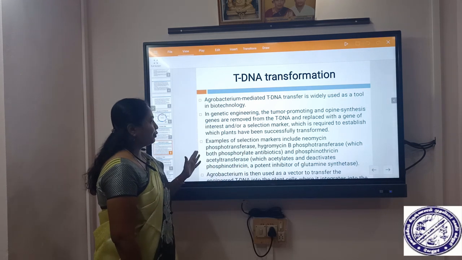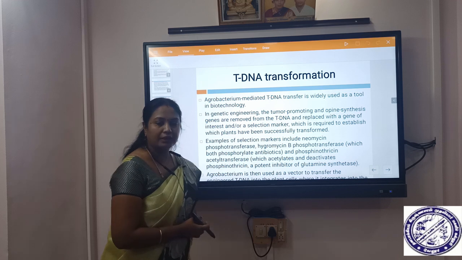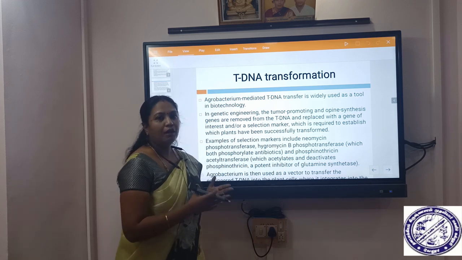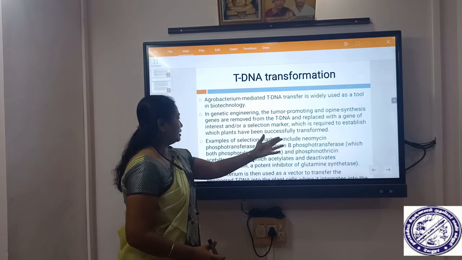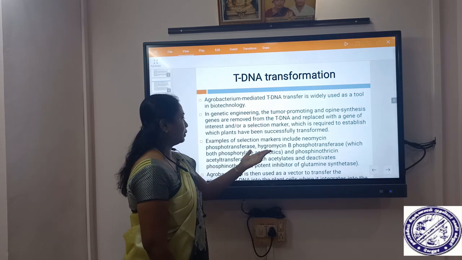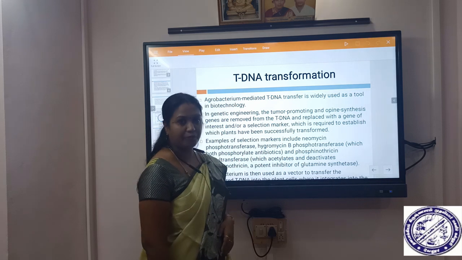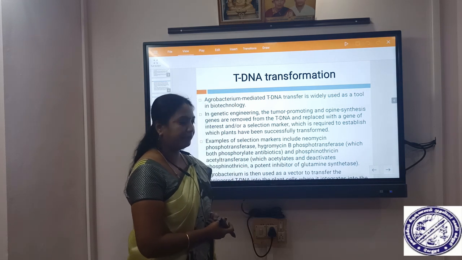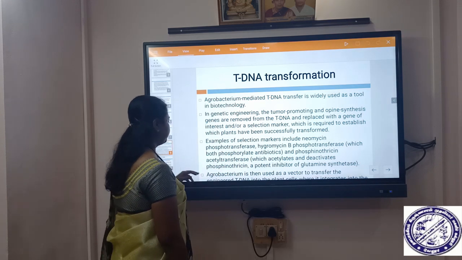If you talk about the selection markers, what are the antibiotics which are generally used for this particular process? One is neomycin phosphotransferase and another one is hygromycin B. So these two antibiotics can be used as a selectable marker.